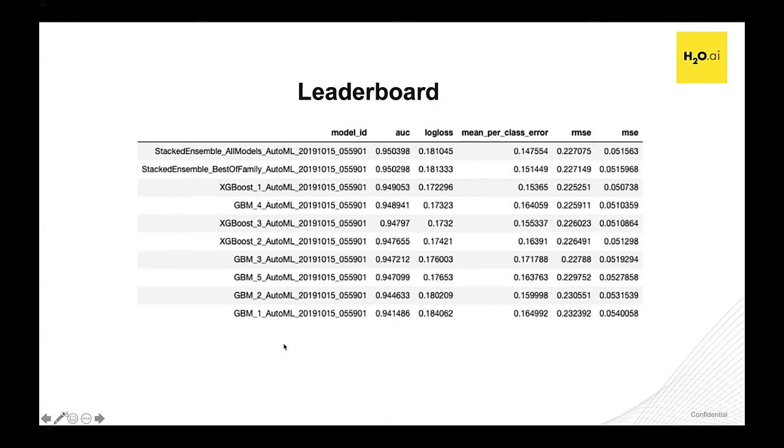So you can look at the leaderboard and you can decide which model you want to put into production. Either you could use the ensembles, or if you don't want too complicated models, you could go with the other ones like XGBoost. So this is a leaderboard, and this just shows what went on under the hood.